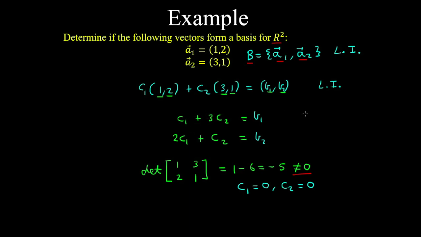So our solution vector can be written in the form of the inverse of this matrix by the vector b. So therefore this system of equations is satisfied for an arbitrary vector b, and therefore b spans R2. So given these two conditions are satisfied, then the finite set of these vectors is a basis for R2.